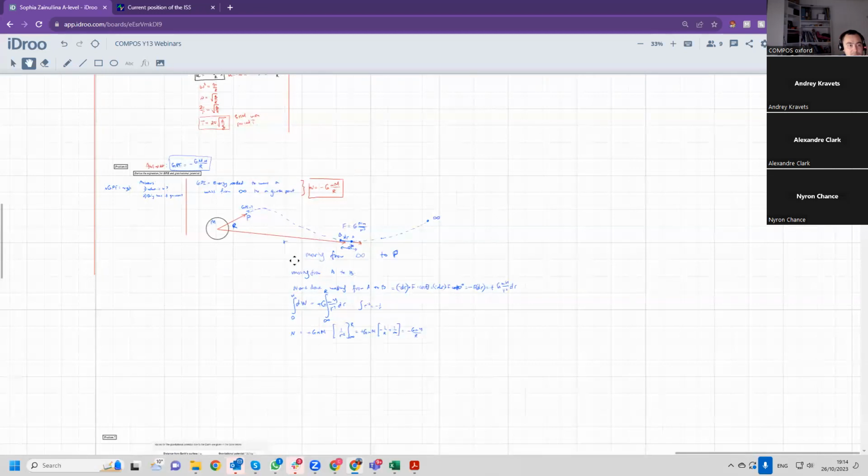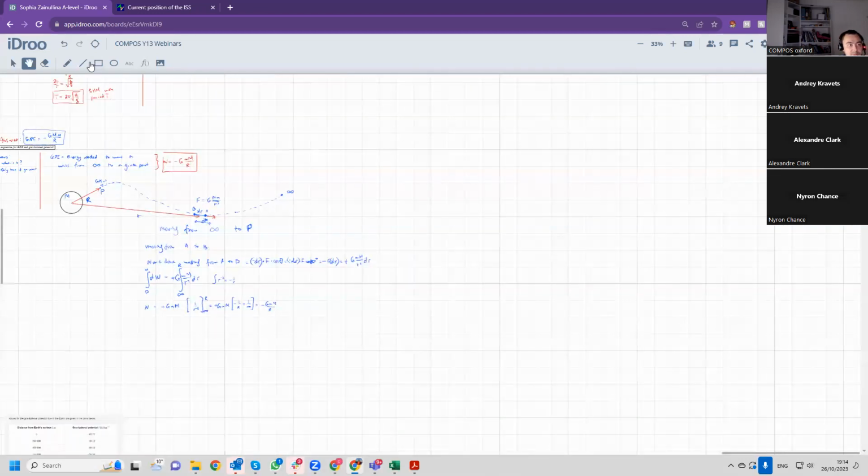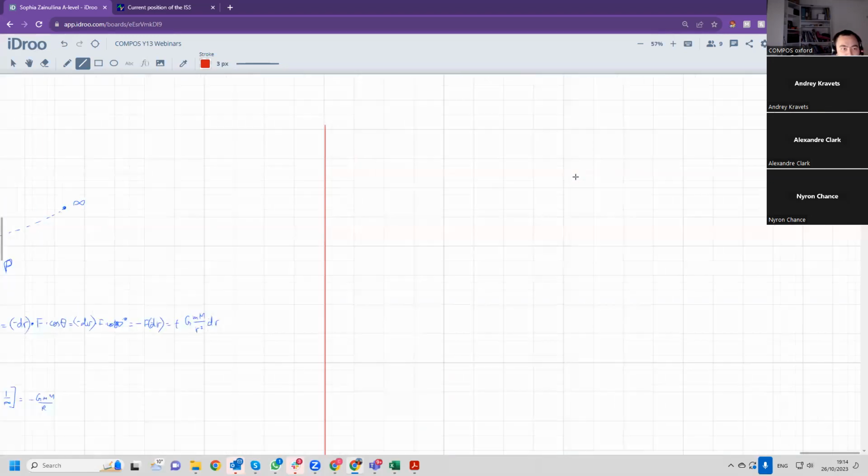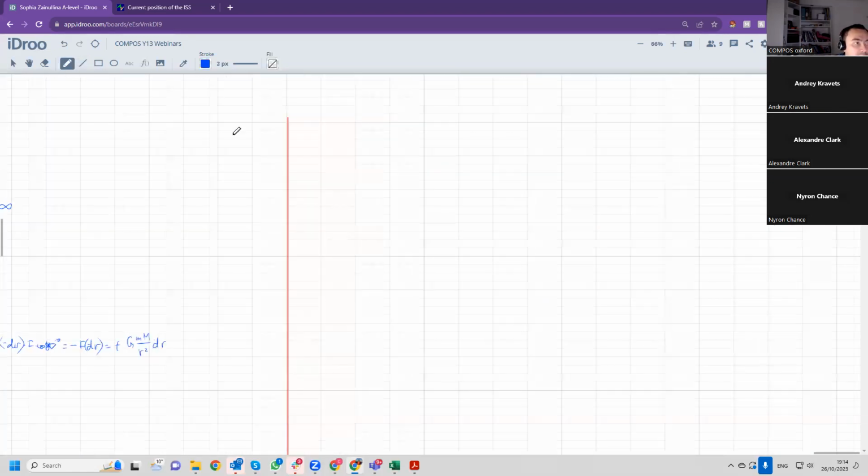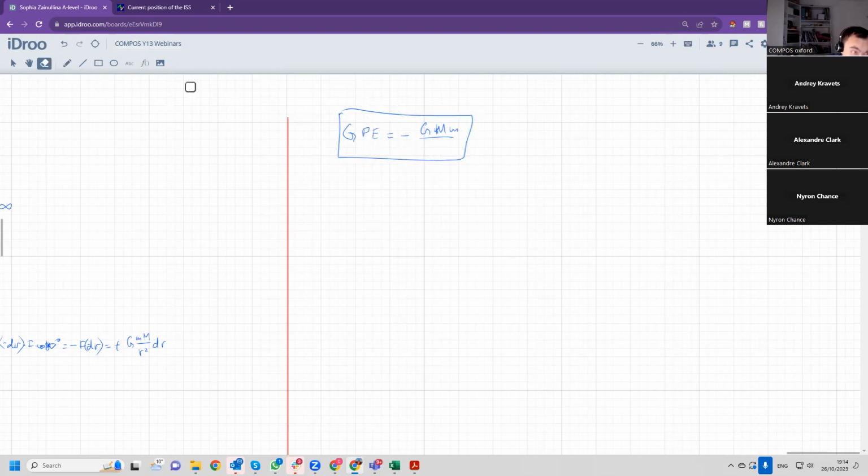And let's explore this expression. Gravitational potential energy is equal to minus GMm over R. Well, we don't need R capital anymore. R is just the distance.